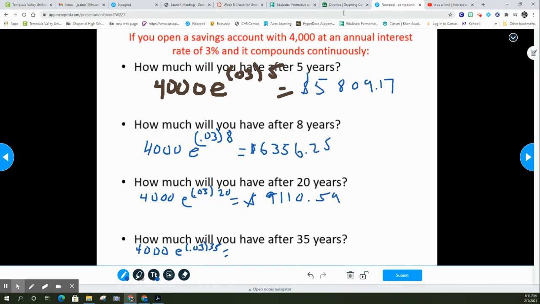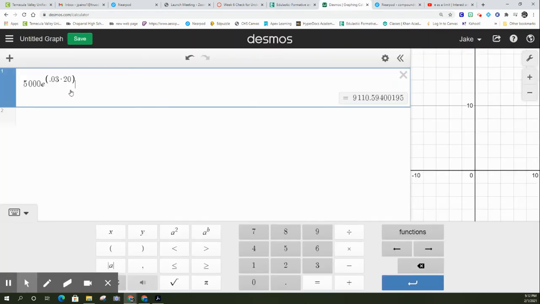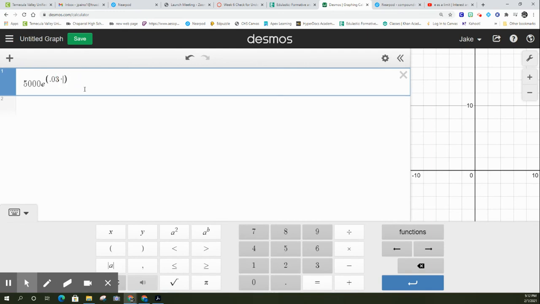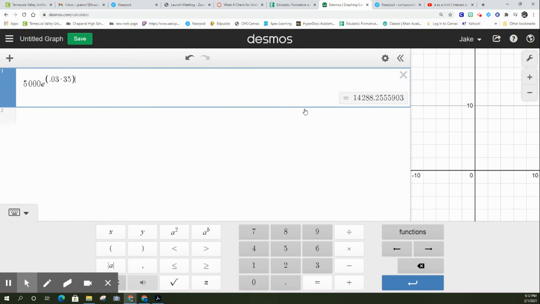And then 35 years, so for another 15 years more. Now it's 14,288 and 26 cents.